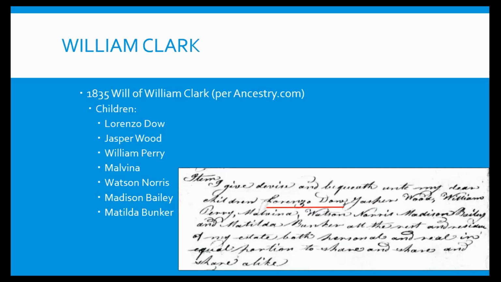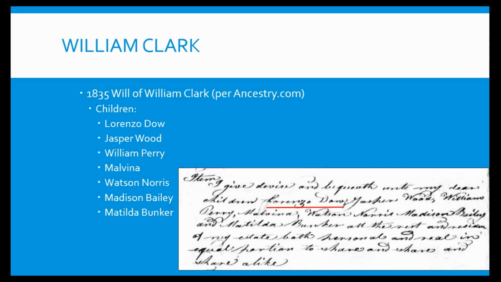I've noticed this. They haven't digitized every will in the whole United States or the whole world for that matter. So a lot of times you're going to have to look offline for a will record. And a will record is only one of the probate records that would exist. But we were lucky in this case. The 1835 will of William Clark of Delaware County, Ohio was found.